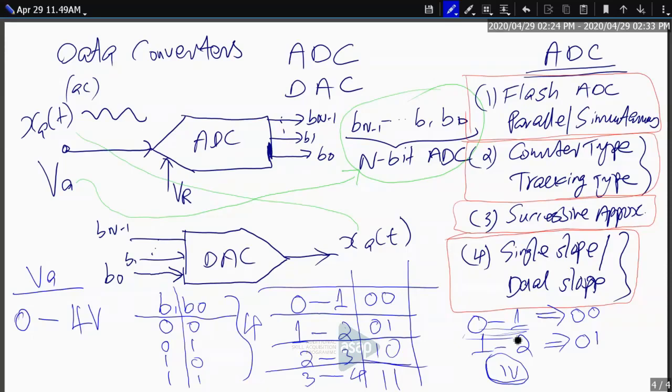What we generally do now is go for a crude kind of coding approach like this. Anything from 0 to 1 will simply be represented as 00. Anything above 1 and below 2 will be represented as 01. Anything above 2 and below 3 is 10. And any voltage above 3 up to 4 or even more than that can only be represented with 11.